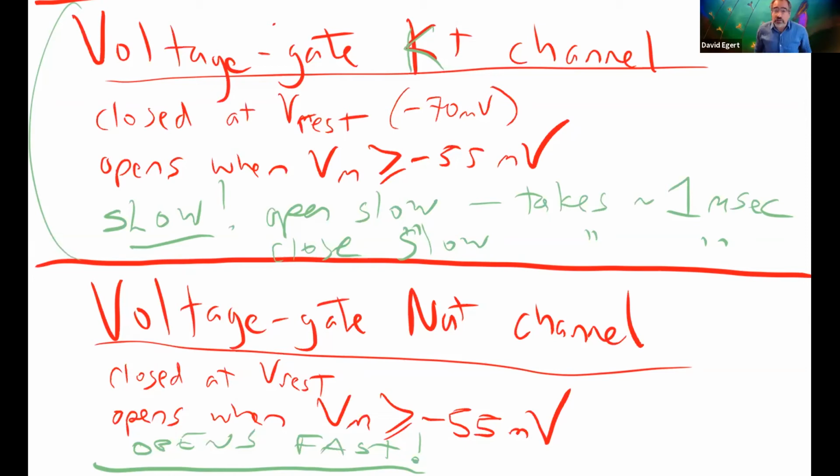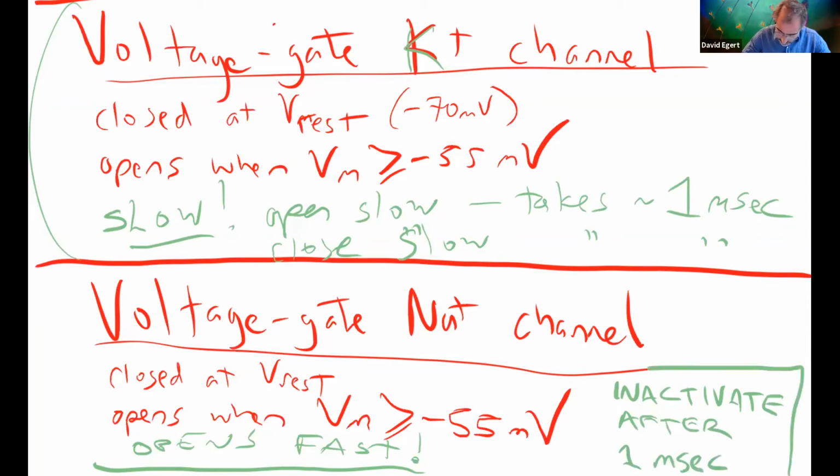The sodium channels are a little more complicated in that they have this inactivation gate. So these will inactivate after 1 millisecond. This is different than closing. When they open, they spring open, but then there's this automatic thing that will shut the channel even though we're still above threshold.